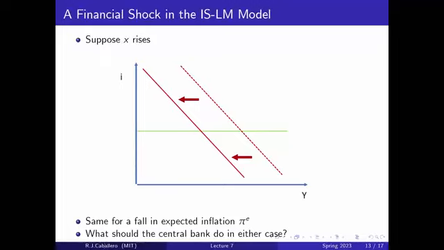No? For any given nominal interest rate, if X goes up a lot, that means there is less investment, and that means the IS shifts to the left, okay? And the same would happen if there is a fall in expected inflation. So for the Great Recession, we had two reasons why this thing moved inward a lot. One, expected inflation came down, and the other one, X went up a lot. So massive movement to the left.